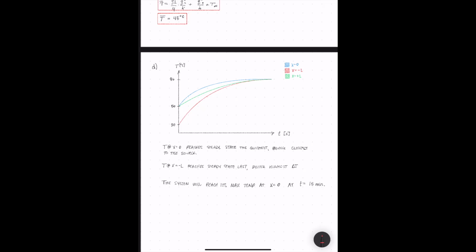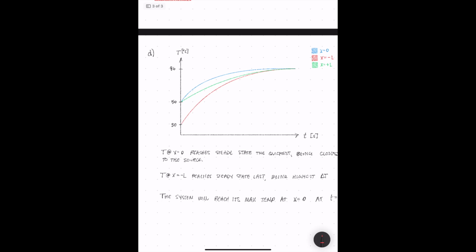And we know that at x equals 0, that's where the heat is being pumped into the system, and so that's going to reach that steady state temperature the fastest. Next, we have x equals plus L, which was already at a higher temperature than minus L, so that's going to reach it second. And we have at x equals minus L that started at 30 degrees Celsius. So to get to that steady state temperature of 86 degrees, it will take the longest amount of time.